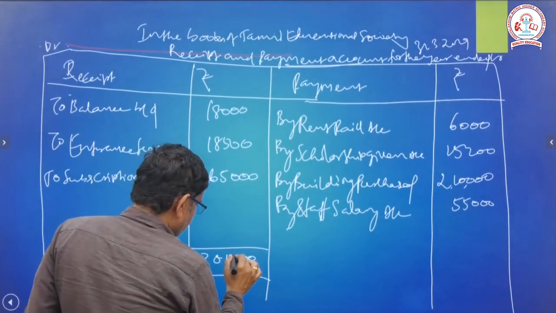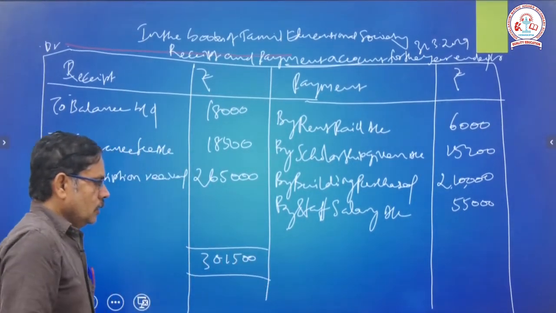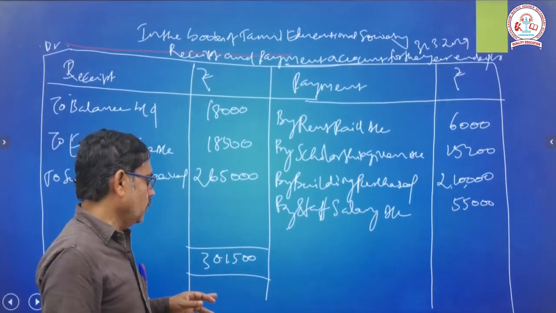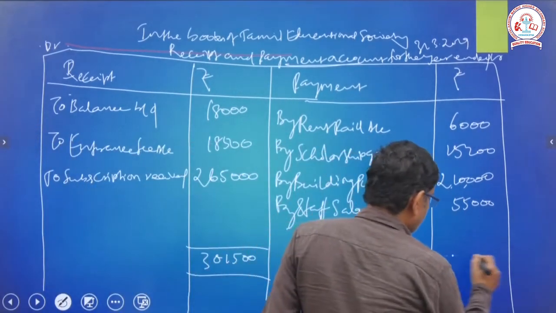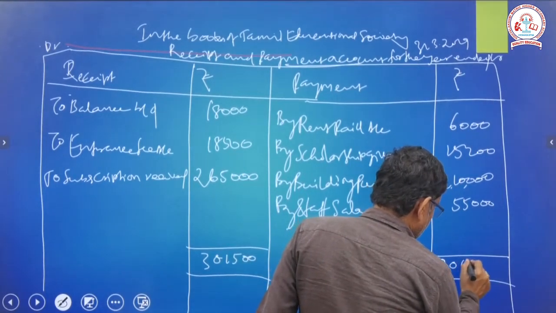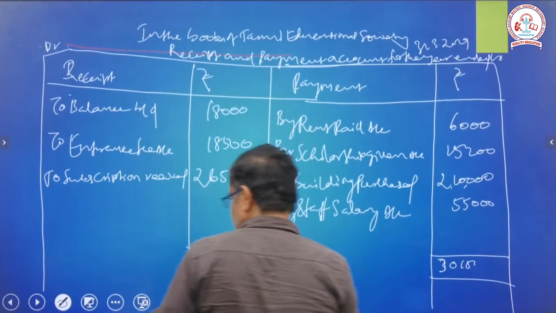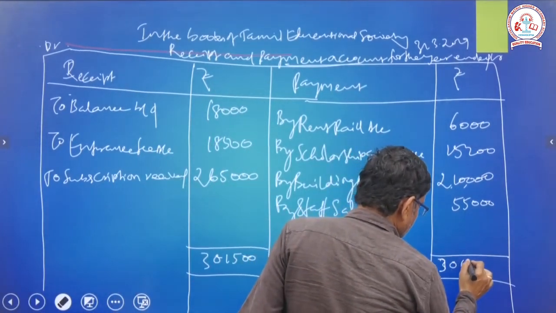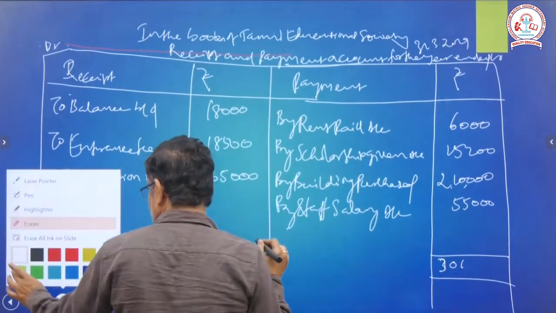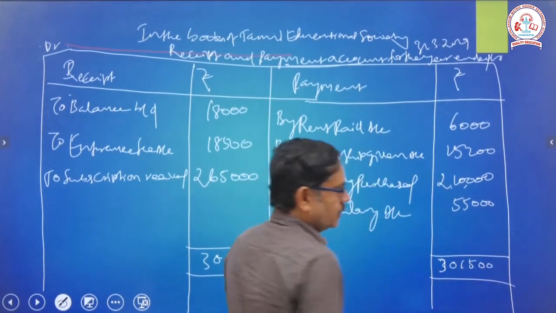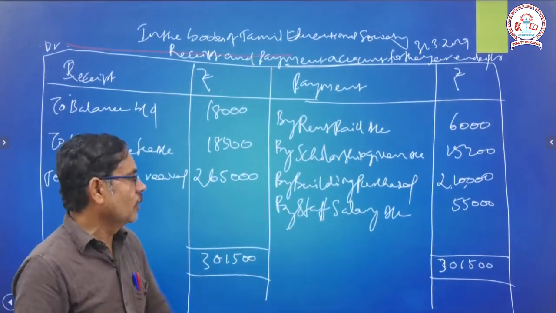One lakh, 3,01,500. So, transfer the value to your payment side, 3,00,000 and 1,500, 3,01,500. Now, we will check it here.